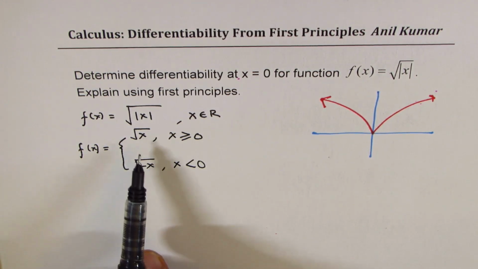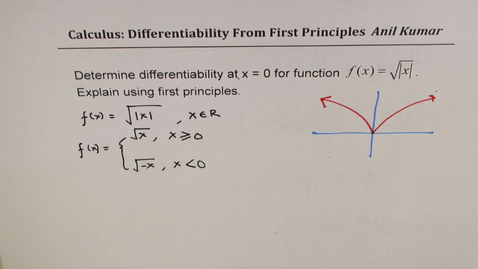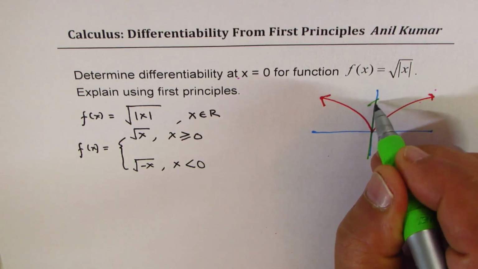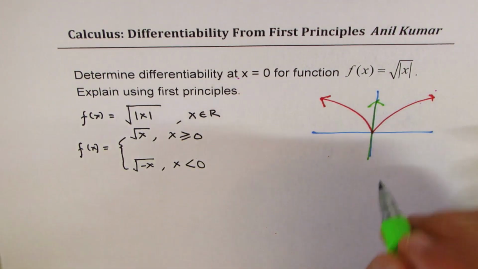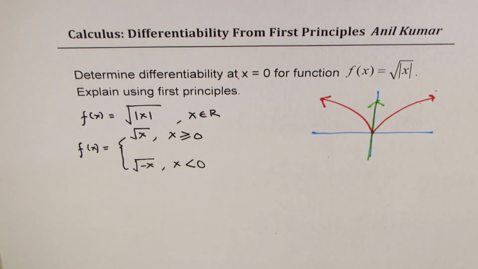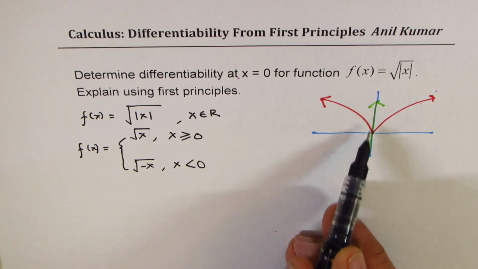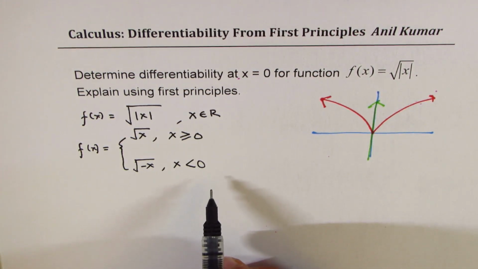Perfect. So there are two pieces to this particular function, and you can see if you approach from either side, we are approaching a vertical line, correct? So we are approaching a vertical line, and the process is going to be similar to what we did in the last example. However, you'll find two particular limits since we are approaching from two different sides, correct?